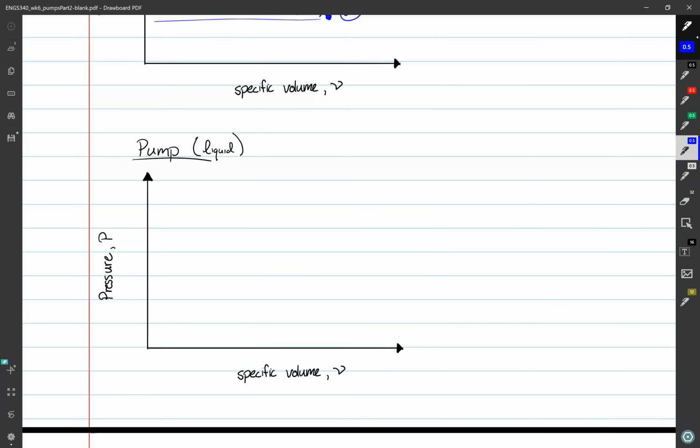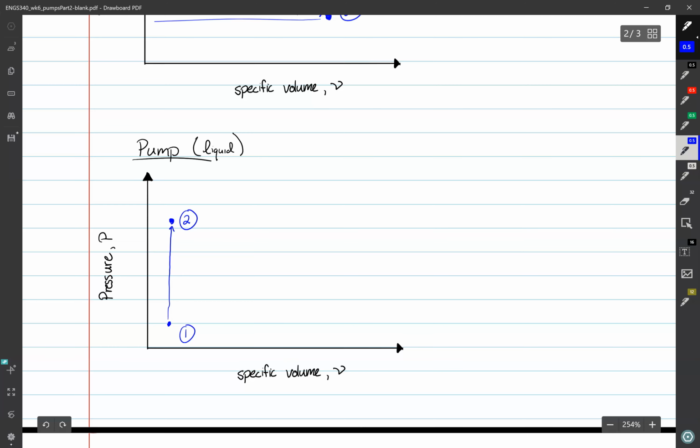Now let's think of what's happening with a pump where we're pumping a liquid. When we're pumping a liquid, we're coming in at low pressure and leaving at high pressure. We're a liquid, so we're somewhere down here, coming in at low pressure, low specific volume. As we increase the pressure, our specific volume hardly changes.